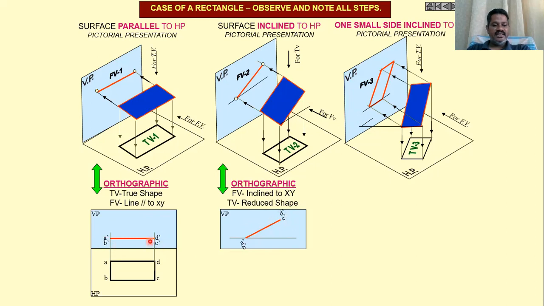This line is going to make some angle because in front view, this plane looks like a vertical line and this plane is making some angle with horizontal.